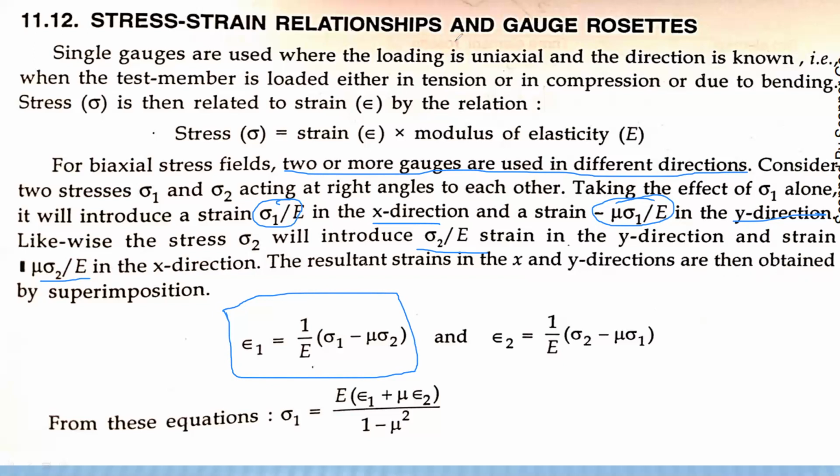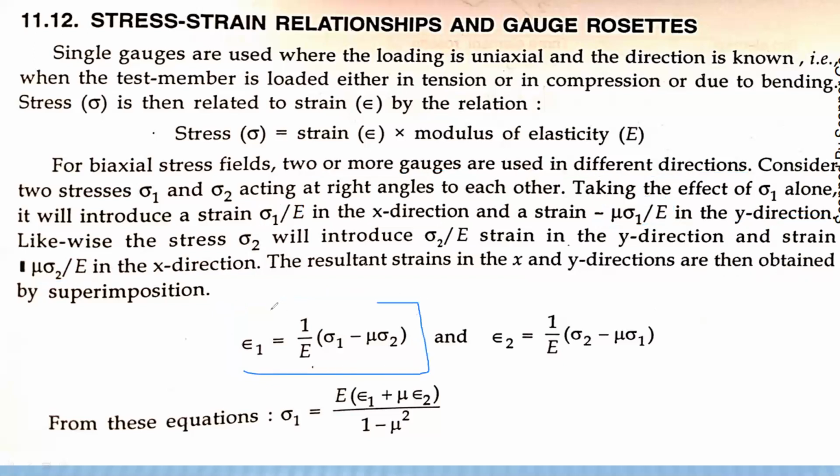These are the conditions. You can see epsilon 1 is equal to 1 by E into sigma 1 minus mu sigma 2, and epsilon 2 is equal to 1 by E into sigma 2 minus mu sigma 1. These are the strains developed when bidirectional forces are acting on that object.